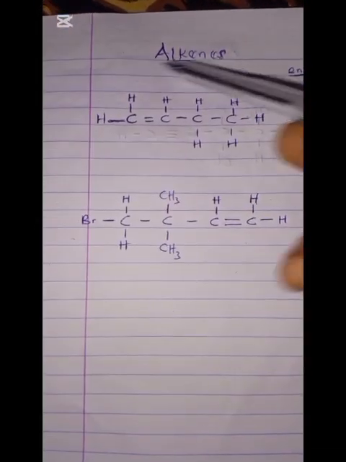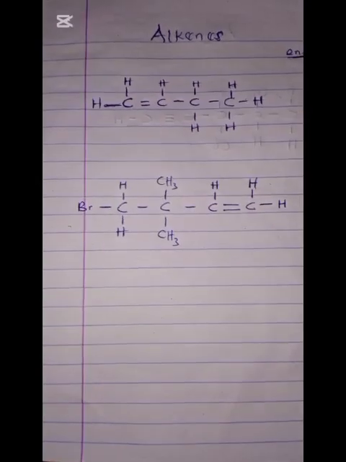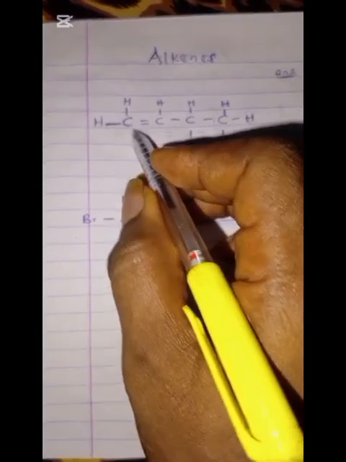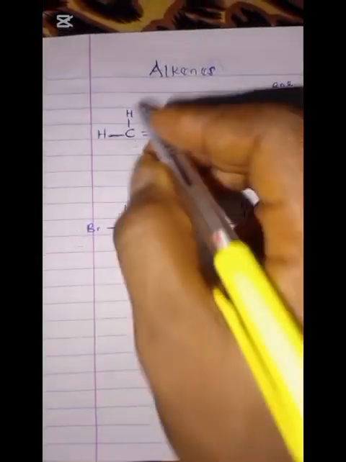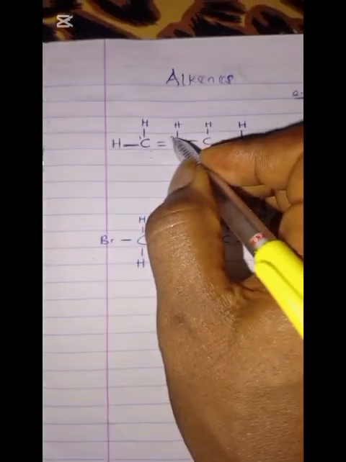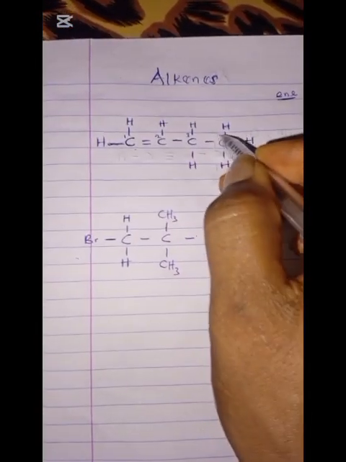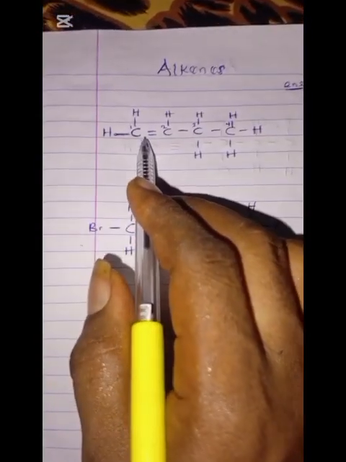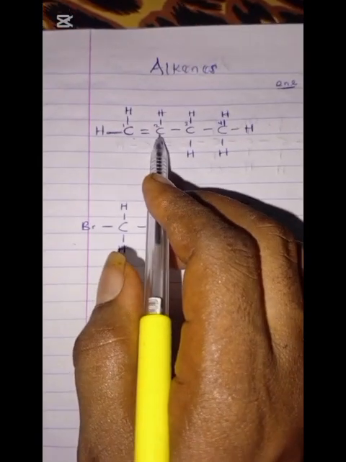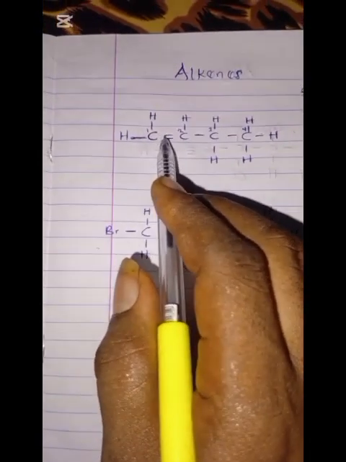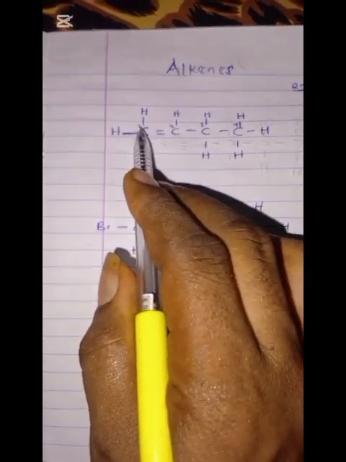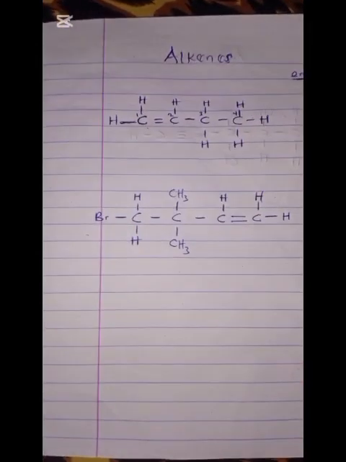Now, since we don't have any substituent attached, let us go straight. Let me number it: 1, 2, 3, 4, which means that the double bond is between carbon 1 and carbon 2. Now, you are going to give this functional group the lowest number possible. Between 1 and 2, which one is smaller? 1, right?